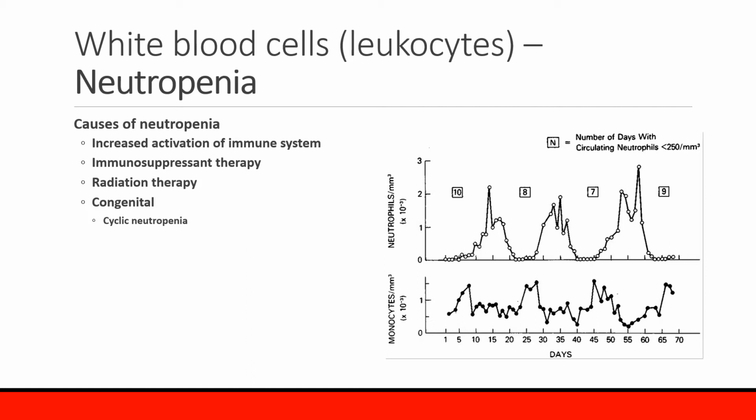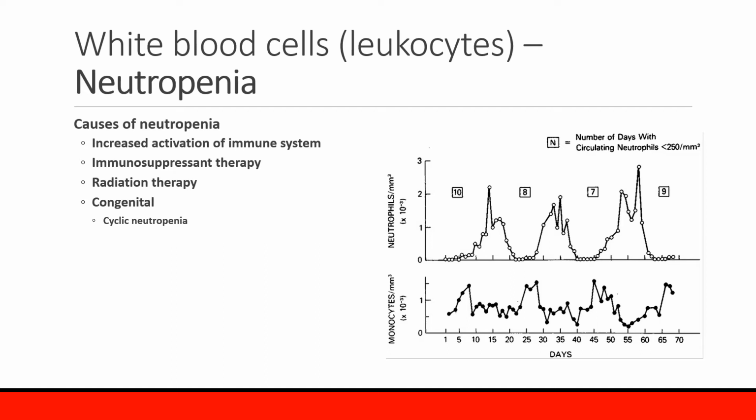So causes of neutropenia. It could just be due to an increased activation of the immune system. If you have a constant bacterial infection, this can decrease the amount, because if you use the neutrophils and you're constantly calling on production of neutrophils, eventually the body can't keep up with it.